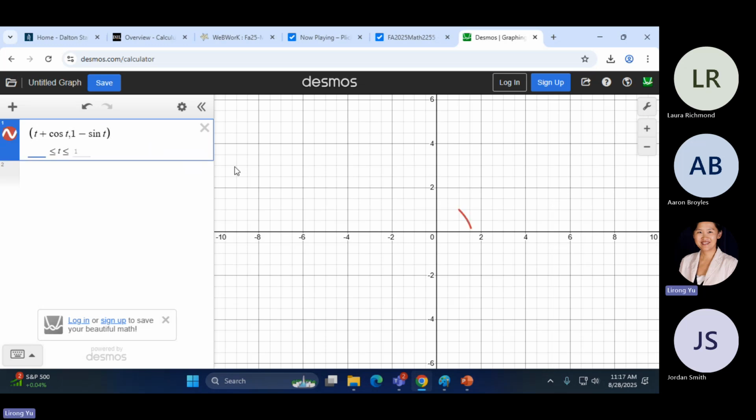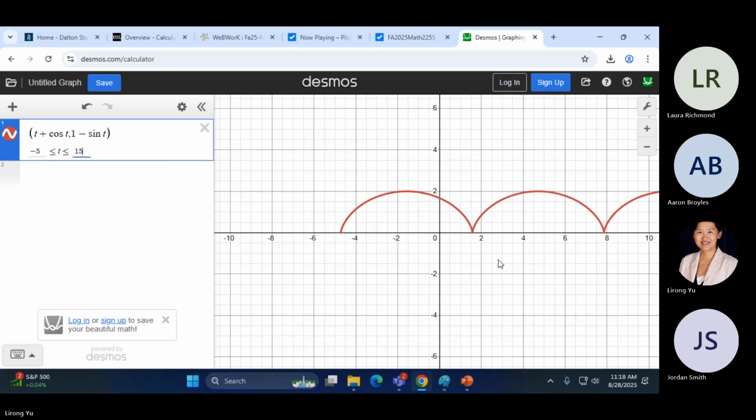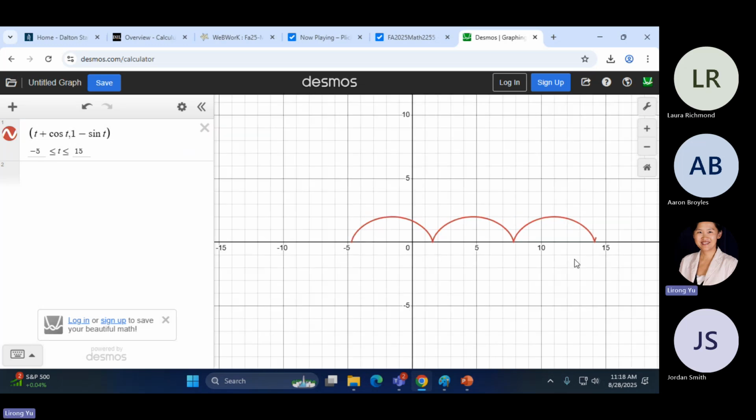And I will also just try to make it larger to 5. There. So that's the sine formation. Sure. Any question?